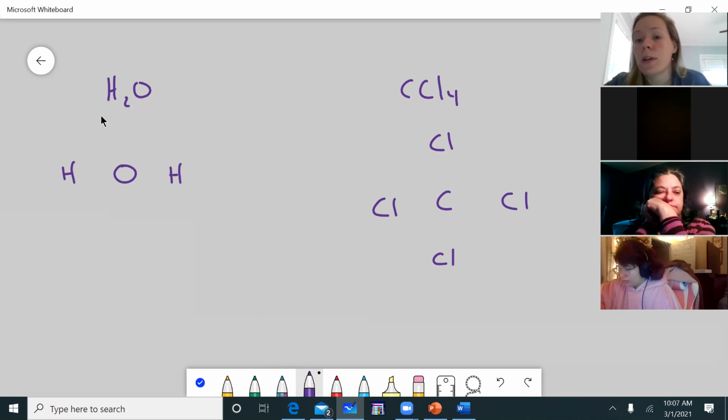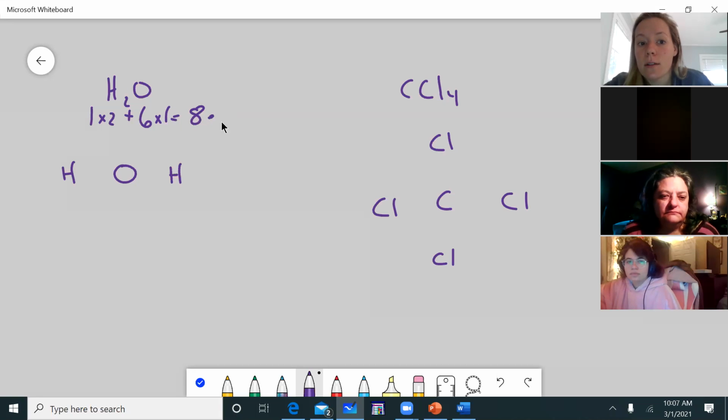So hydrogen always brings one valence electron because it's in column 1. How many of them do I have in this molecule? I have 2 of them, so I need to multiply that by 2. I add it to whatever the oxygen is going to bring. Oxygen is in column 6, so it always brings 6 electrons to the board. And there's only 1 of them, so we just multiply by 1, for a total of 8 electrons.